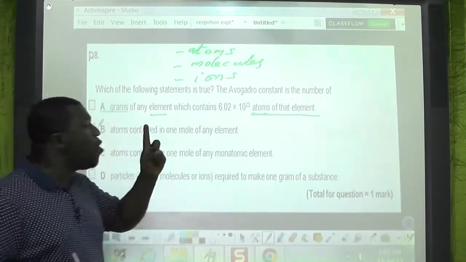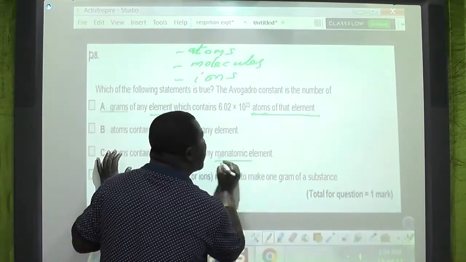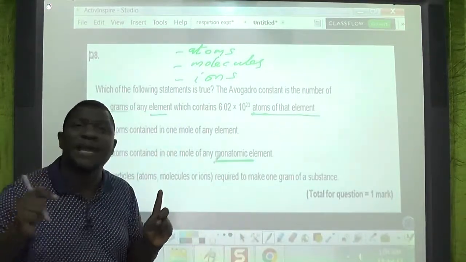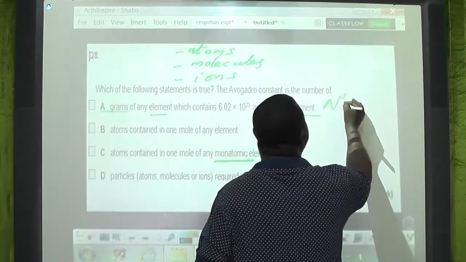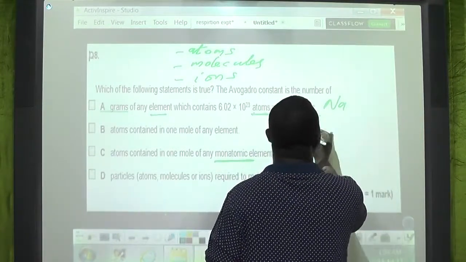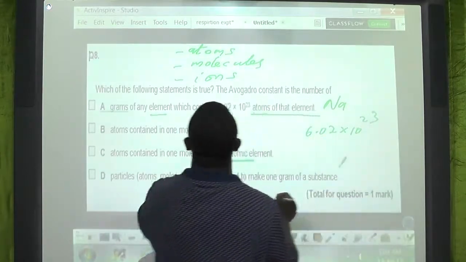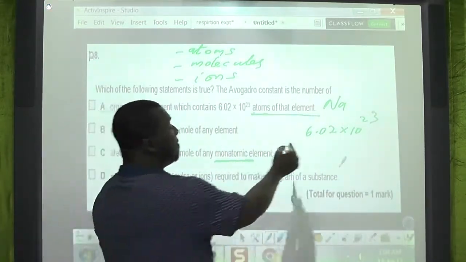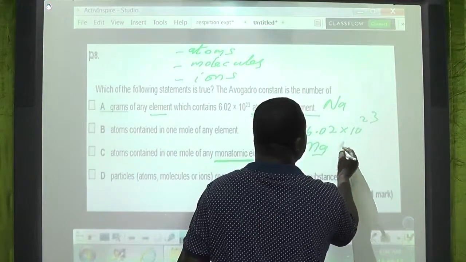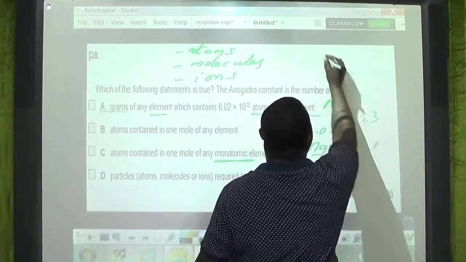Atoms contained in 1 mole of monoatomic element. Fantastic. Sodium is a monoatomic element. A mole of sodium is 6.02 times 10 to the power 23. That's Avogadro's number, correct? Magnesium is monoatomic. Helium is monoatomic. Argon is monoatomic.